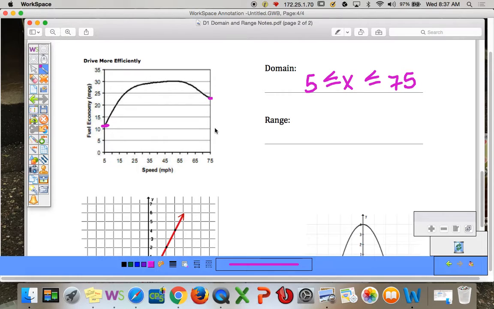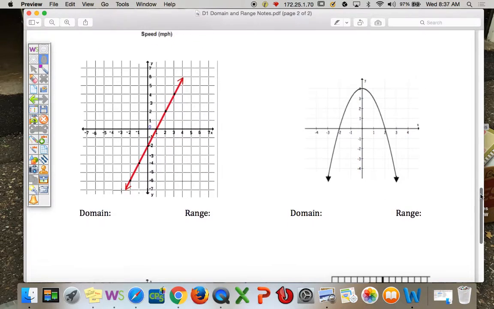I'm going to say 11 is less than or equal to Y, which is less than or equal to 20. Actually, that's not my highest Y. I was looking at the wrong part. My highest Y value is up here, which is 30. So you're looking for your lowest Y value and your highest Y value, and you say Y is between 11 and 30.